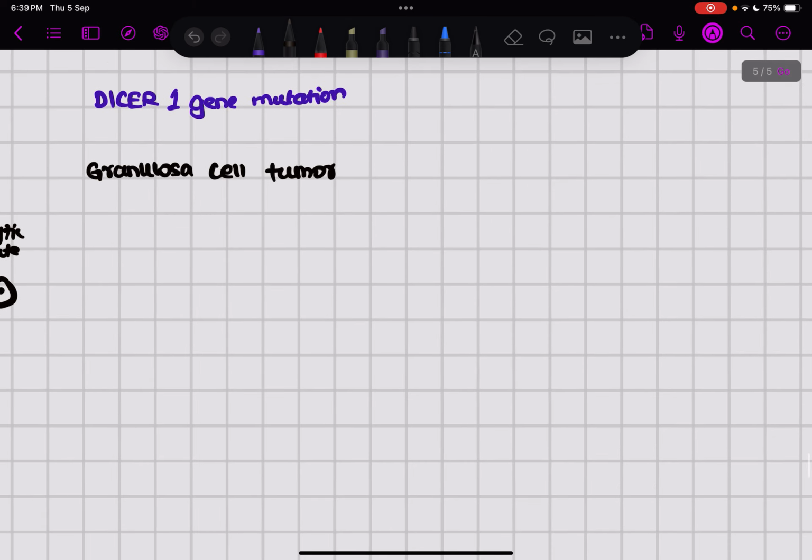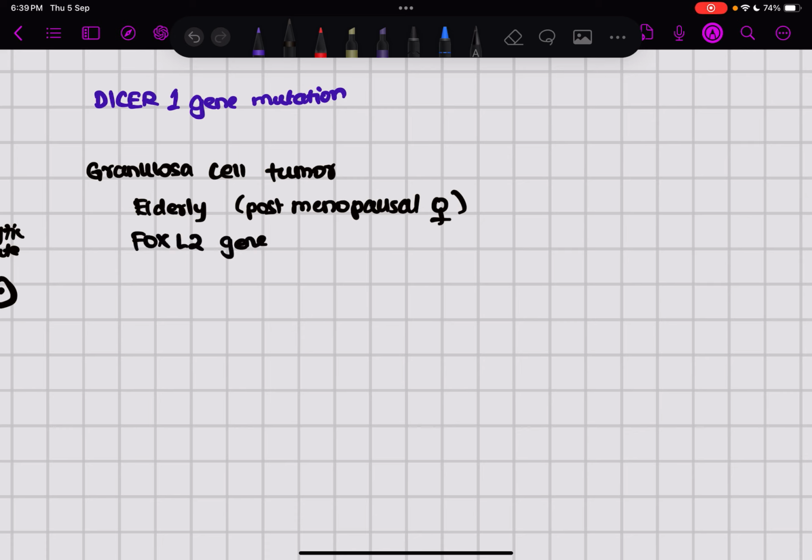Granulosa cell tumor is found in the elderly, that is, post-menopausal females, and involves the FOXL2 gene mutation.